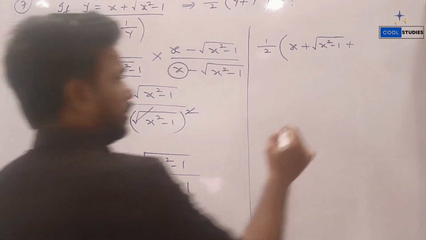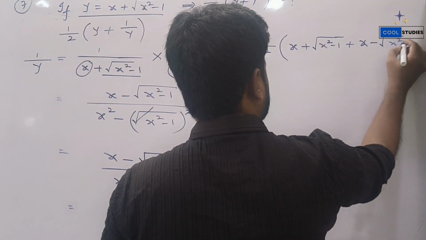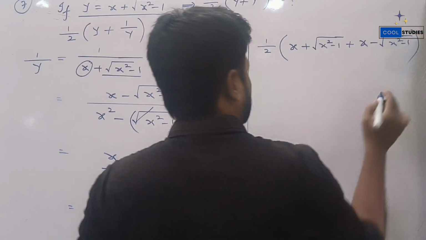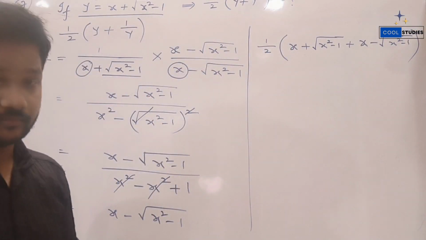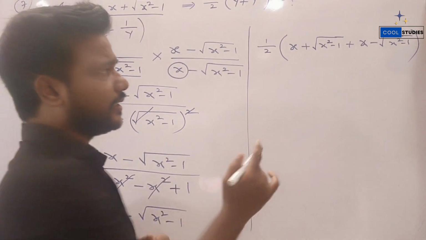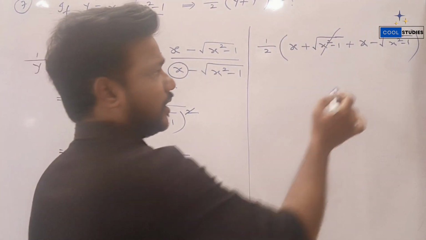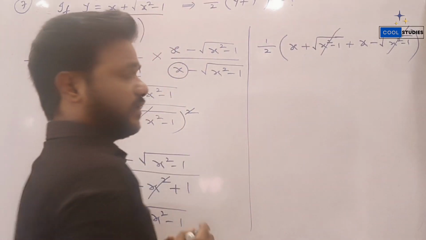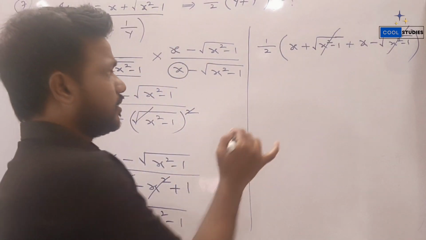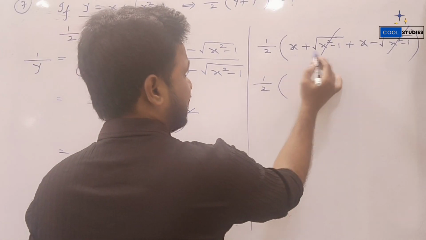We got x minus root over x square minus 1. Just we are substituting the values of y as well as 1 by y. Now plus root over x square minus 1 and minus root over x square minus 1 cancelled. So remaining, none here, 1 by 2 of x plus x.